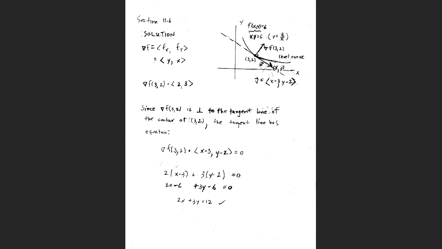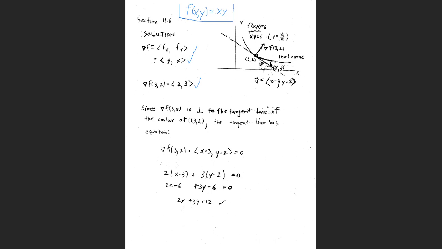Well, remember, f of x, y equals x times y. So the gradient vector would have components y and x. And so the gradient at 3, 2 of the function would be equal to 2, 3.